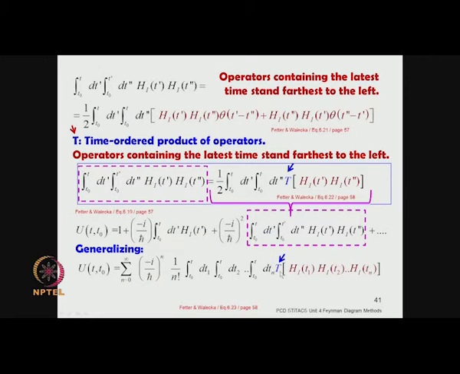So, you have got the T operator over here which takes care of that, and because there are factorial n time orderings over here which are available, over here you had divided it by 1 over factorial 2, 1 over 2 as it was, and here you have got 1 over factorial n, because those are the number of different orderings that you can have.